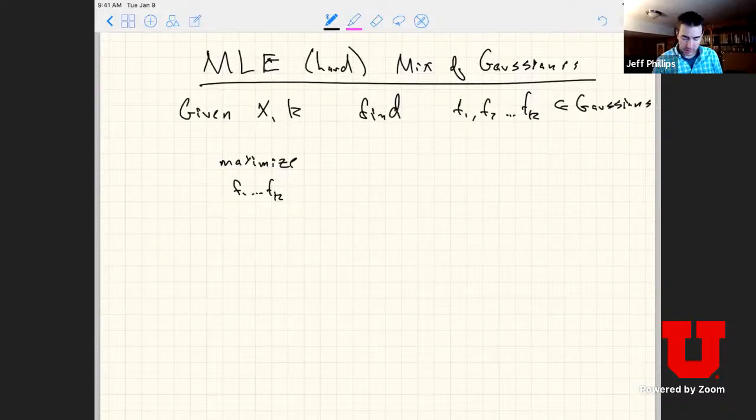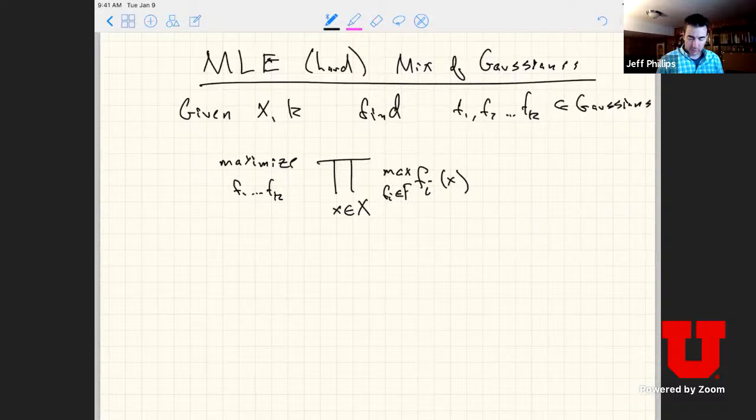The maximum likelihood is the product over all of the data points I have. For each of them, I'm going to evaluate it with some function fi of x, taking the max over fi in my set of these functions.